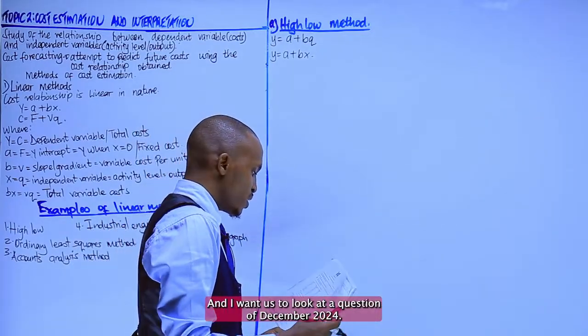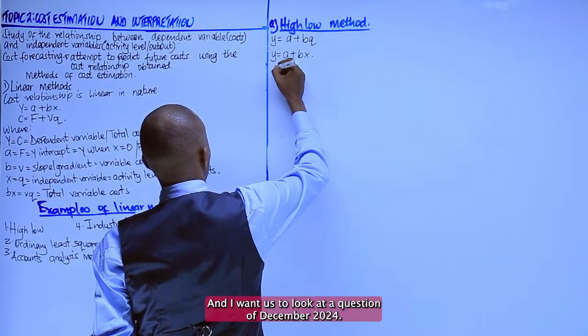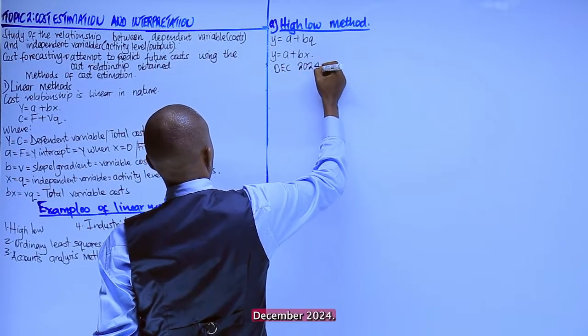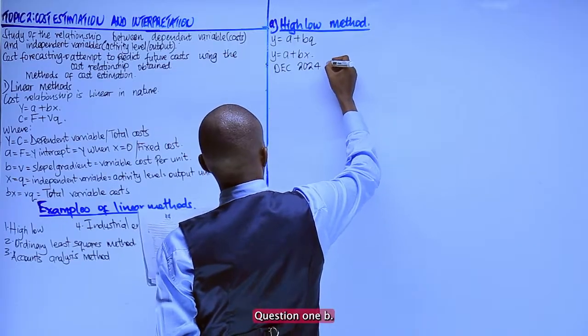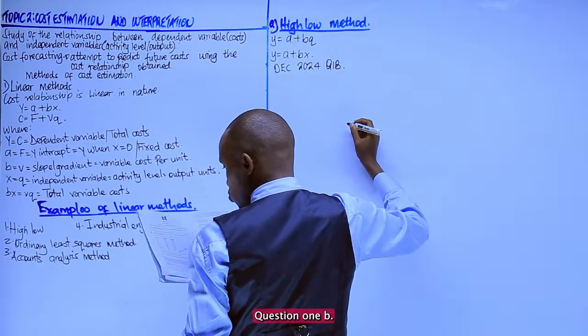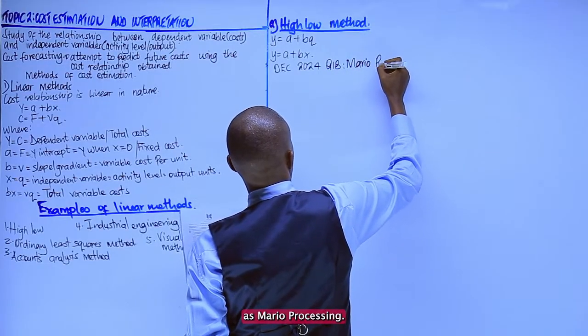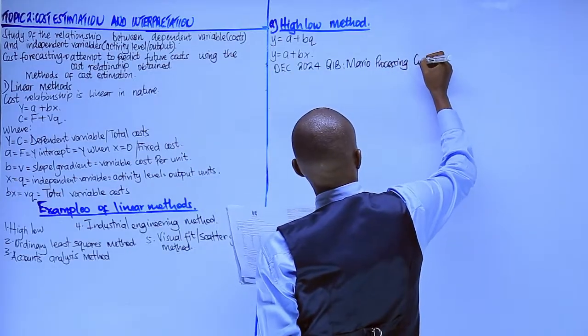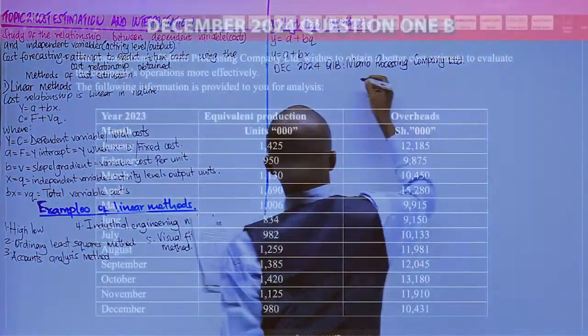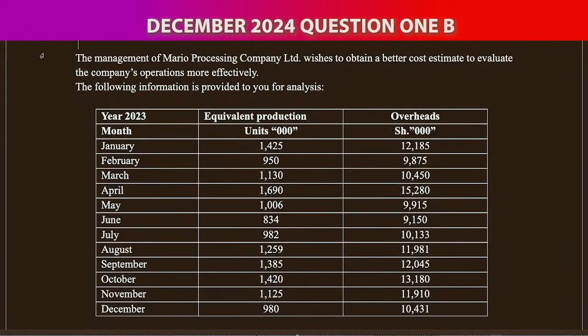And I want us to look at a question of December 2024, question 1b. The company is known as Mario Processing. The management of Mario Processing Company Limited wishes to obtain a better cost estimate to evaluate the company's operations more effectively.